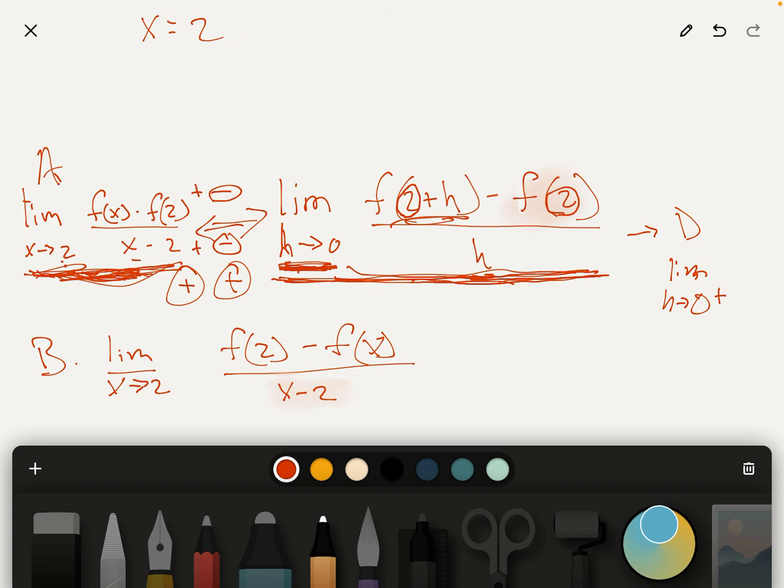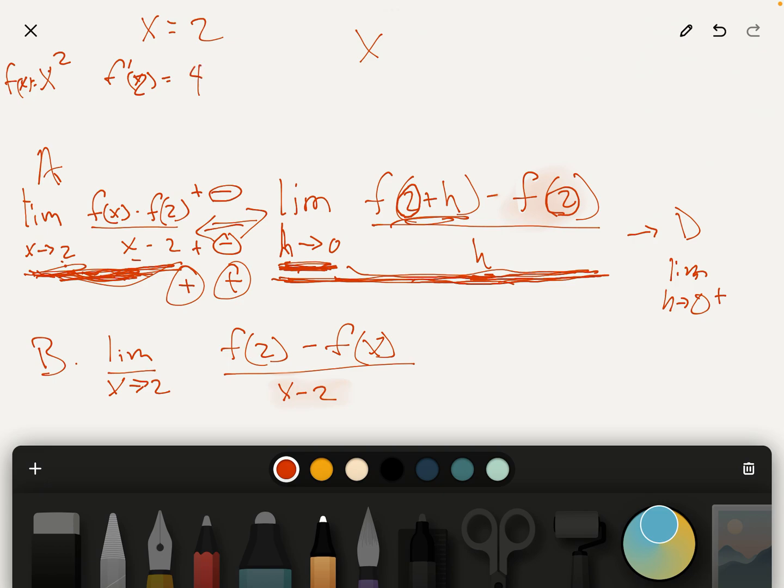Okay, so the slope is positive, and that makes sense. If x squared is our function, f prime at 2 is 4, which is a positive number, which is correct.